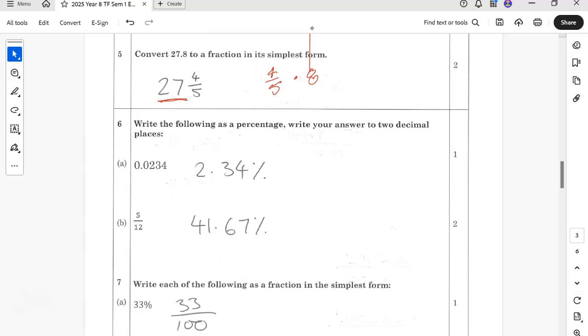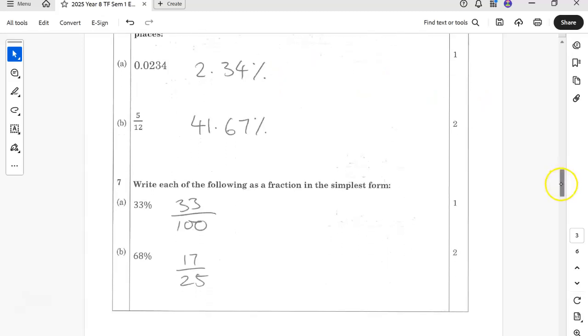So 27.8, 0.8 will equal 4/5. You can't convert the 27, so that becomes 27 4/5. Here, you're just going to multiply by 100. So the decimal point goes across 2 places, and it becomes 2.34.